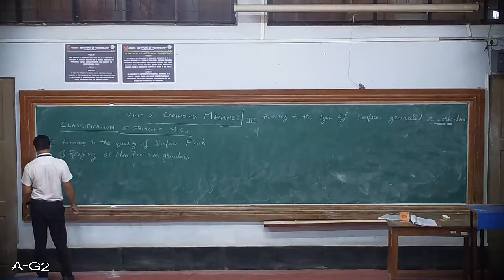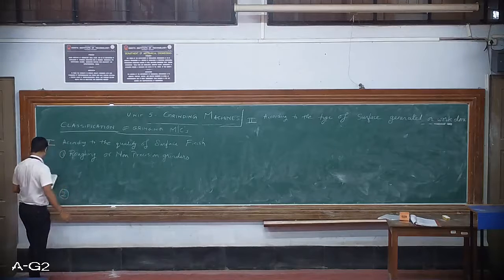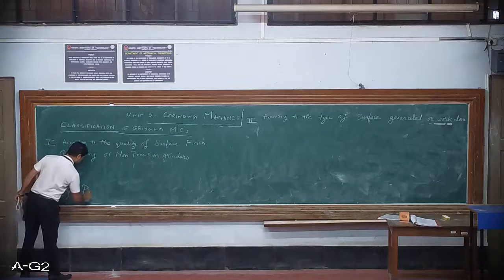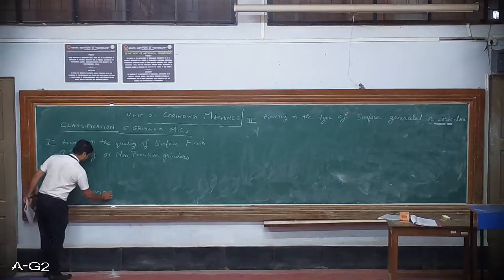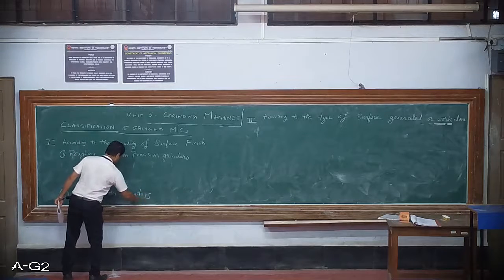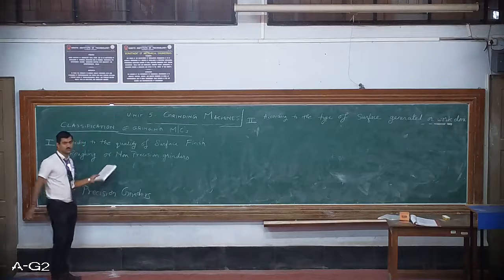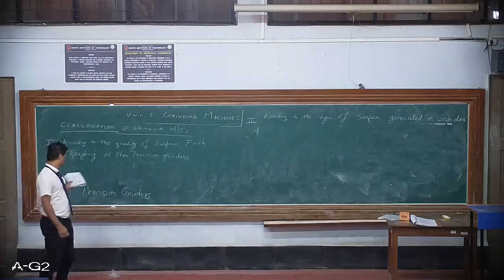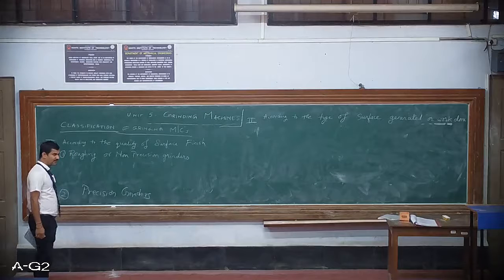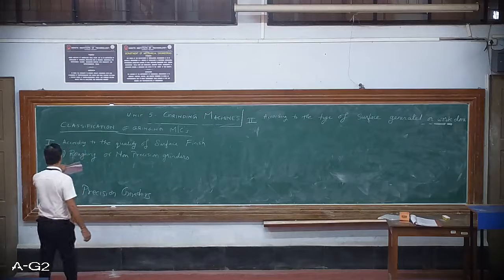The second is precision grinders. These roughing or non-precision grinding and precision grinding are the two sub-classifications according to the quality of surface finish.